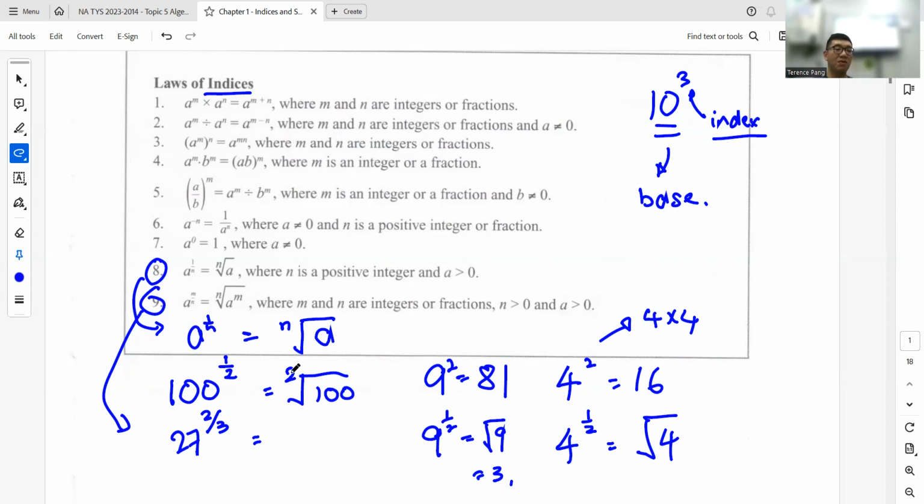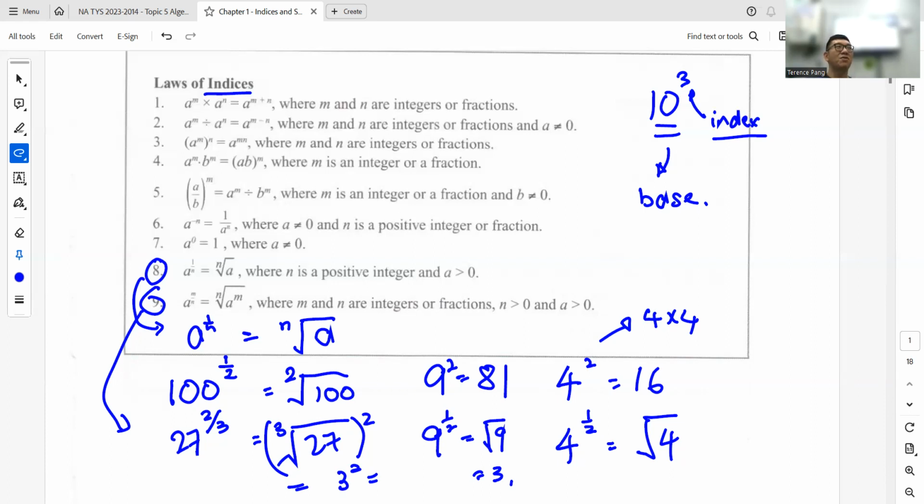Is it like this? You can't calculate this directly from the calculator. You have to show the working, because a lot of times you are required to show it.